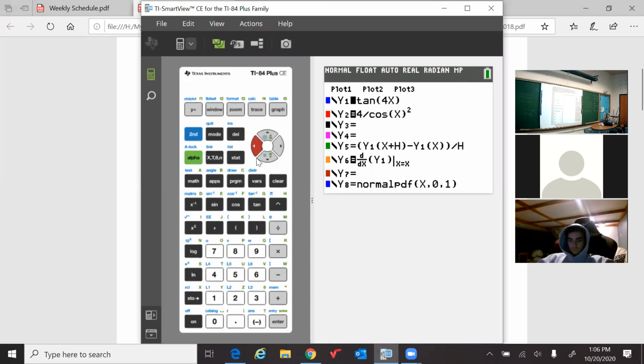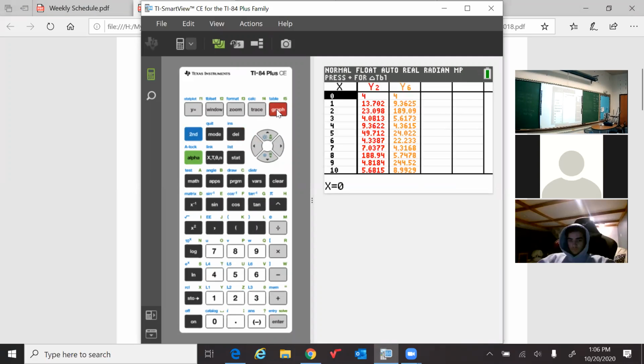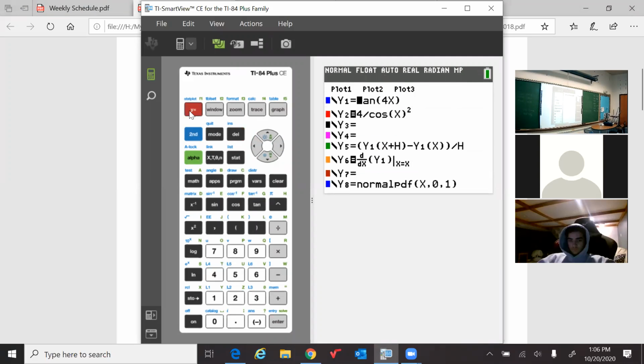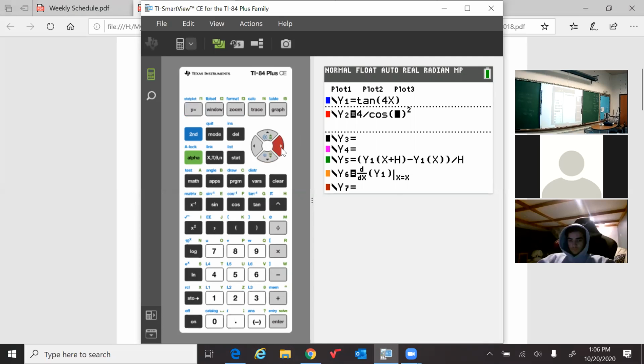Yes. Turn this off. Nope, didn't work. What's the matter? The derivative of tan 4x would be 4 times secant squared 4x. Sorry. The input should be 4x.